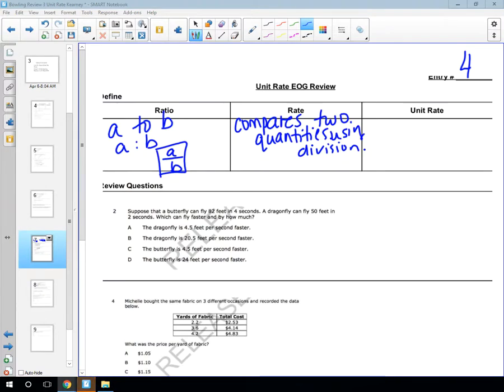So for example, if I wanted to say that it's $6 for 3 pounds of turkey, that would be a rate. $6 per 3 pounds of turkey.